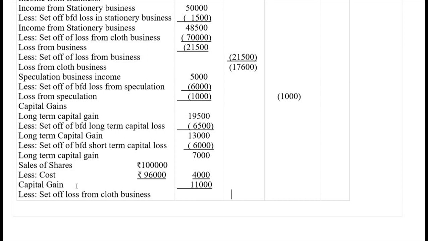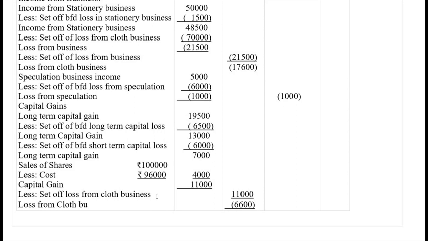So I will write in plus 11,000. So now let us underline here. So still there will be business loss of rupees 6,600. This is loss from cloth business.